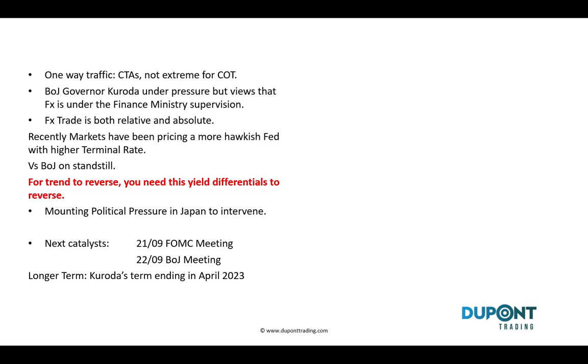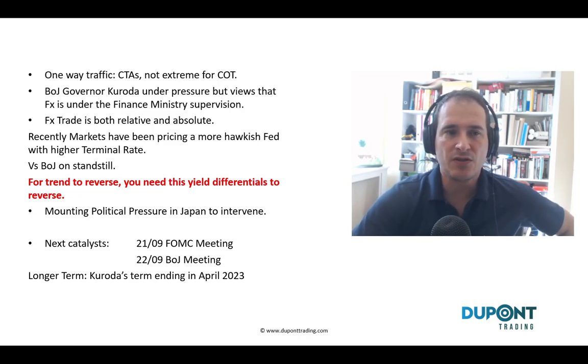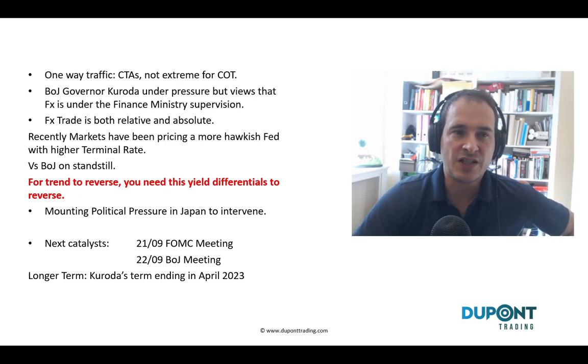Looking forward, what is important to look at is that so far the Japanese yen has been one-way traffic. The CTAs, which are the momentum funds, have been pretty much short, 40 or 50% of their NAV short the Japanese yen.